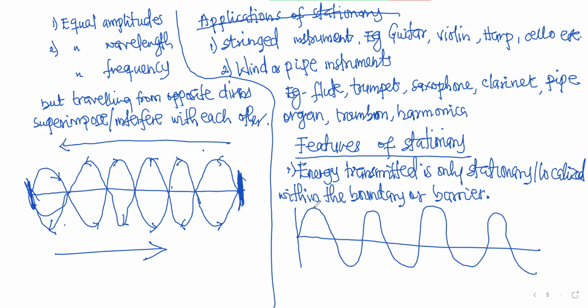We have a point where particles are displaced maximally upward, and a point where particles are displaced maximally downward. So a progressive wave is made up of crests and troughs.